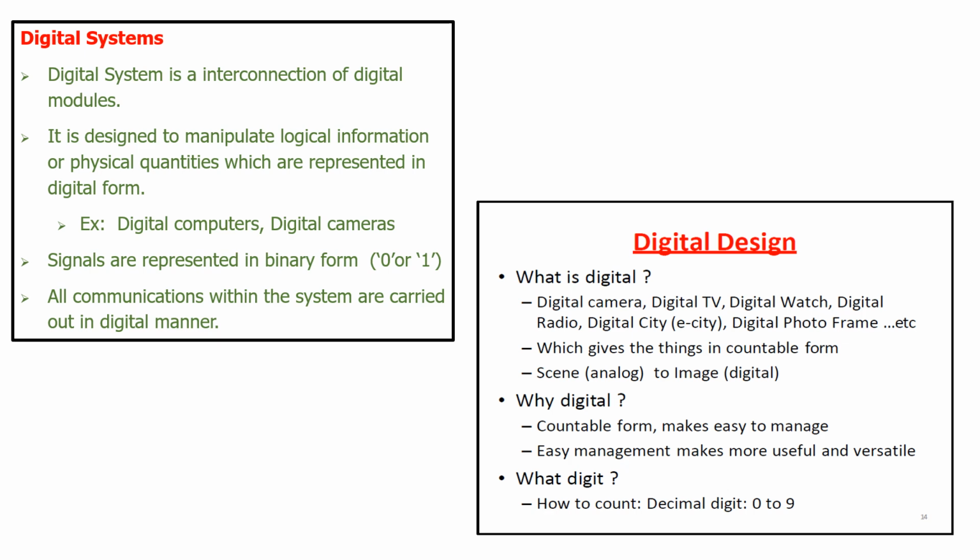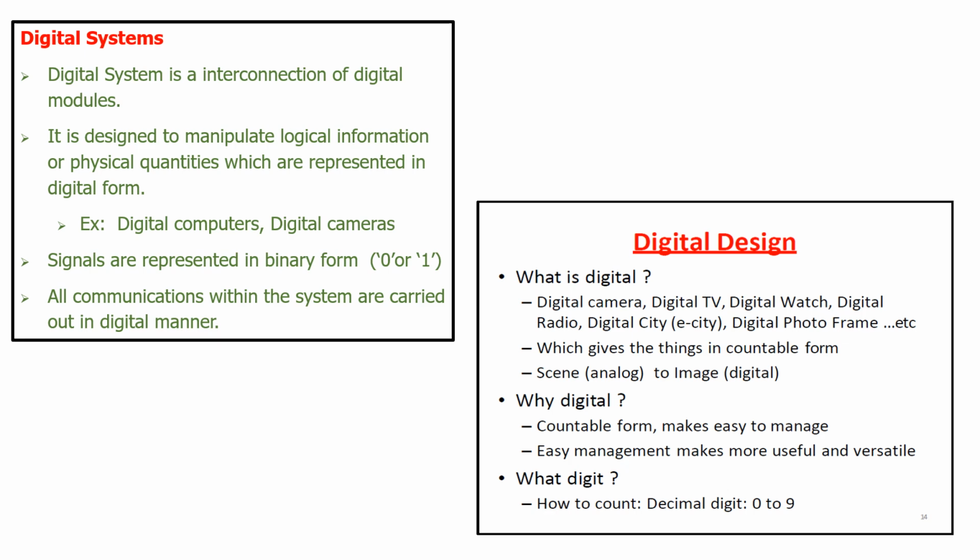It is designed to manipulate logical information or physical quantities which are represented in digital form. When I say digital form, I mean binary form, in terms of zeros and ones, and the best examples are your digital computers and digital cameras. All the communication within the system is carried out in a digital manner, meaning that all the communication takes place in terms of zeros and ones.